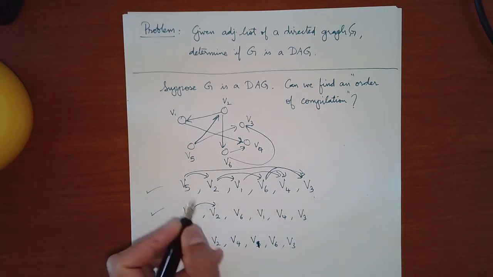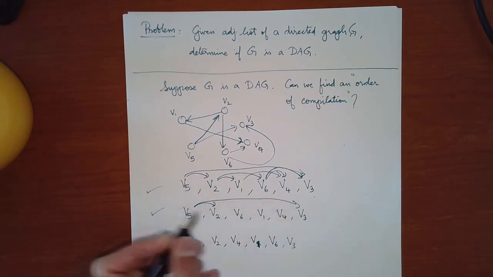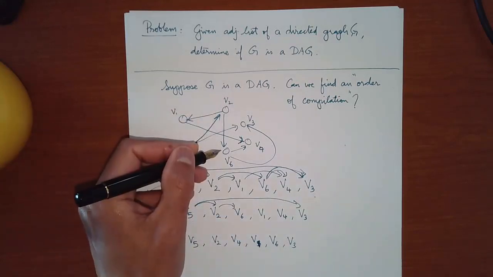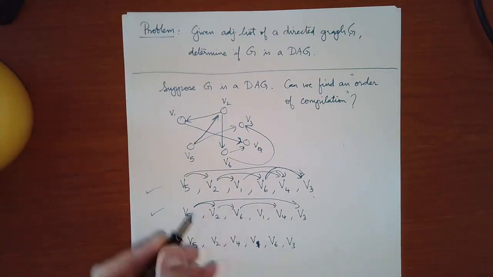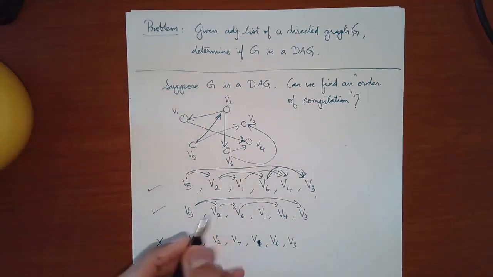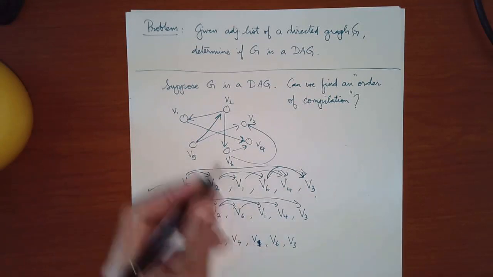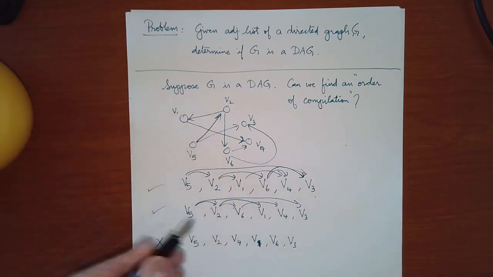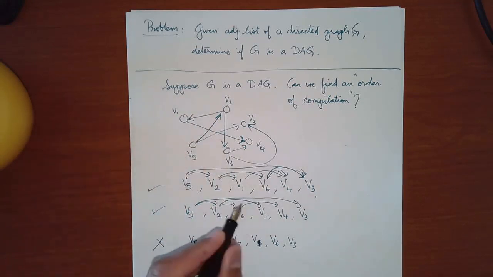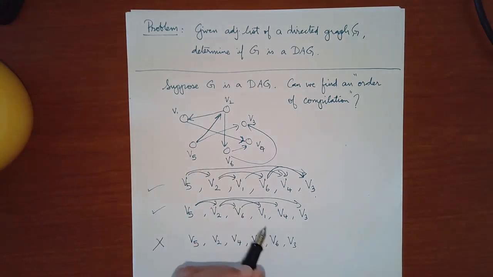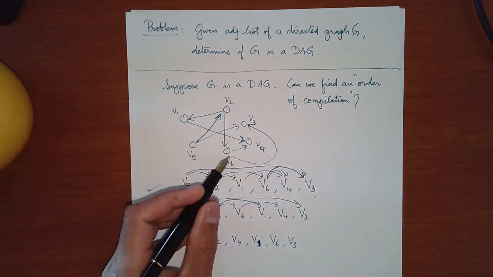V5 goes to V2, V5 goes to V3, V2 goes to V6, V6 goes to V4, V2 goes to V1, V6 goes to V4. I think that's it, I'm missing something. Yeah, V6 goes to V3.